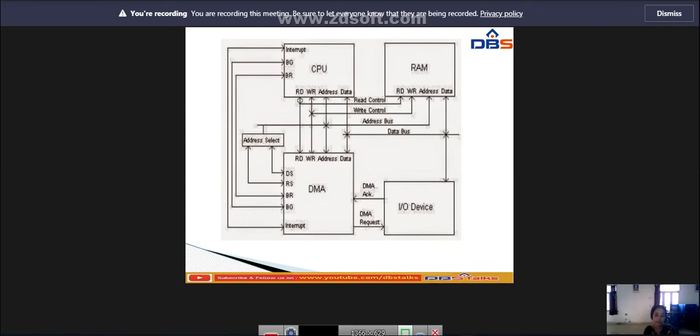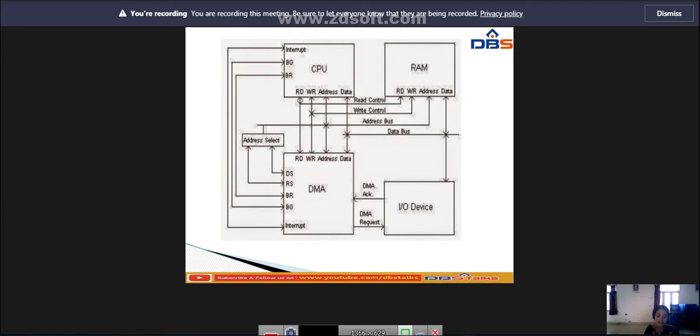When the peripheral device receives the DMA acknowledge, it puts a word on the data bus for write, or receives a word from the data bus for read. For each word transferred, the DMA increments its address register and decrements its word count register. If the word count register reaches 0, the DMA stops any further transfer and removes its bus request.